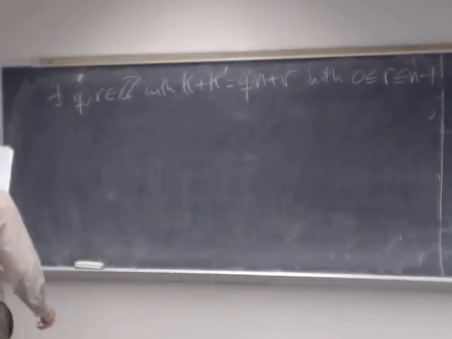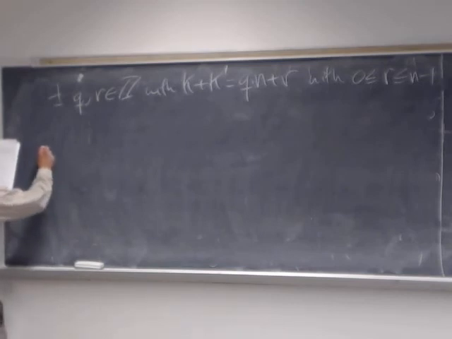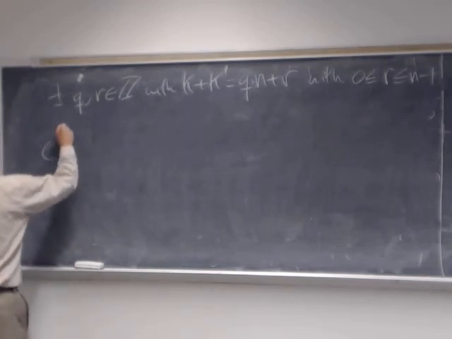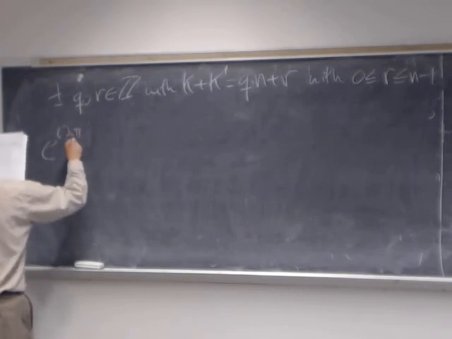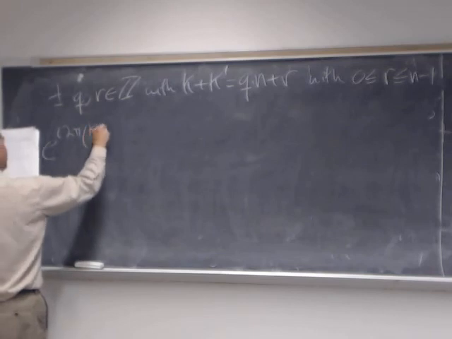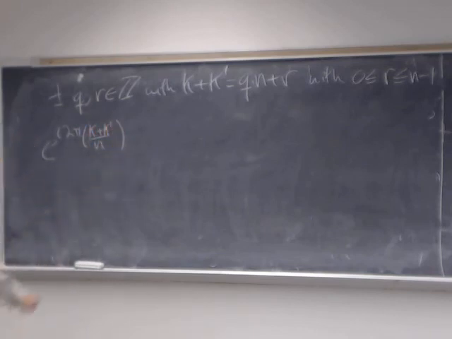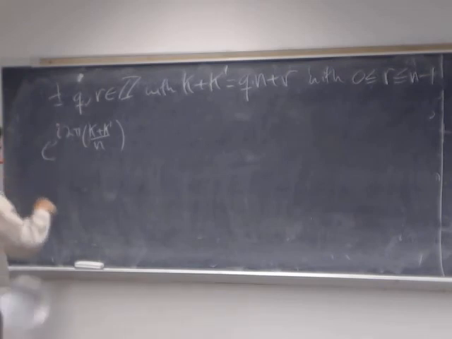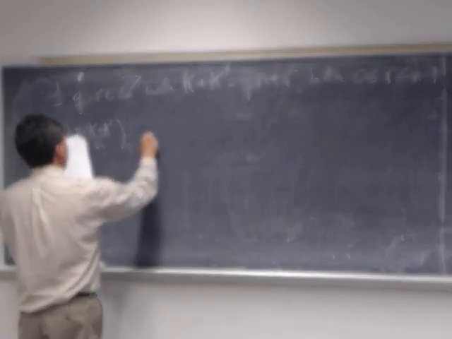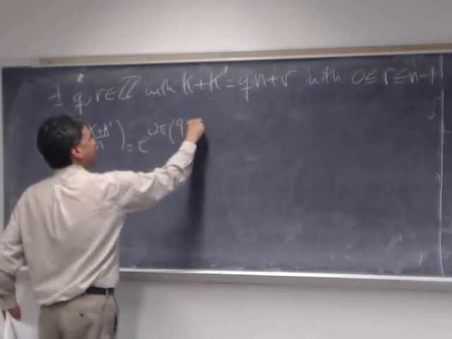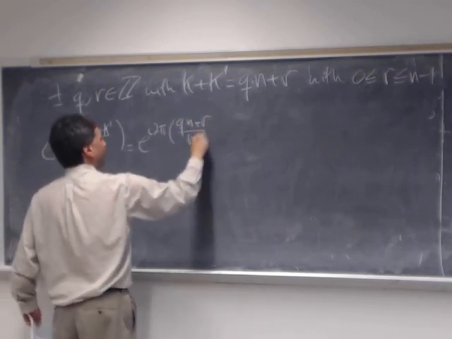So then what do we have? We have that the product e to the 2 pi i times k plus k prime over n. So that's the product of these two elements in G, is e to the i 2 pi times qn plus r over n.